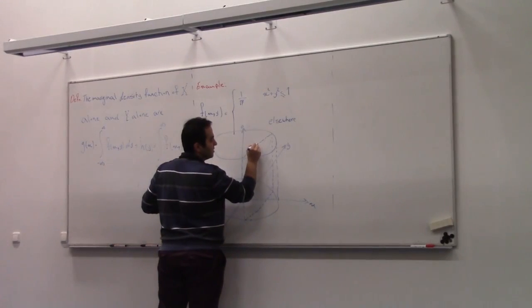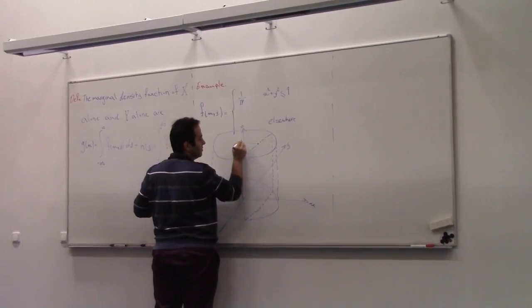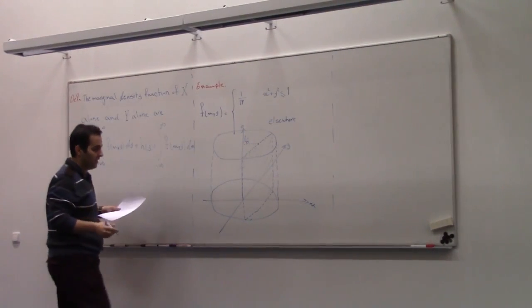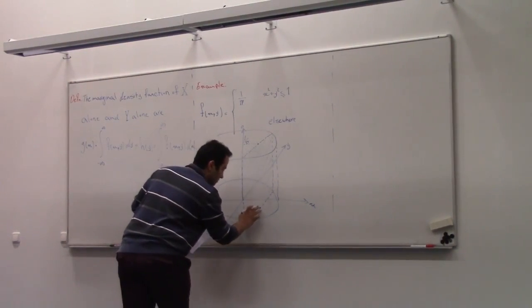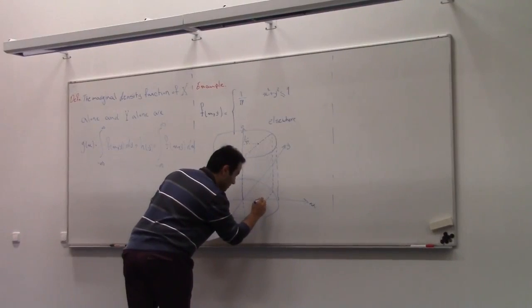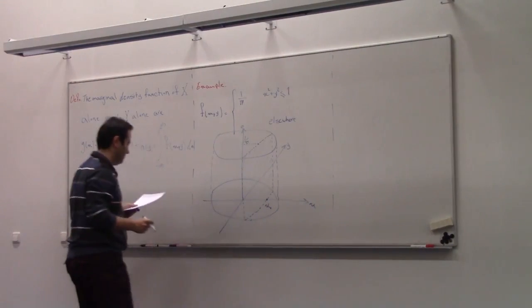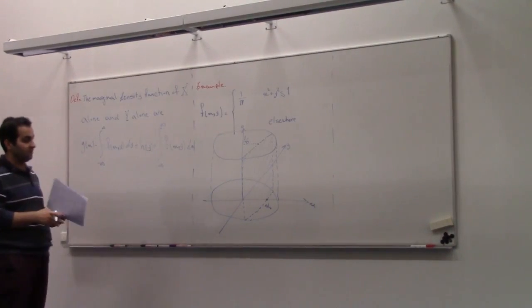You know that here is 1 over pi. Okay, and we have x0 here, x1, and we have the display here.